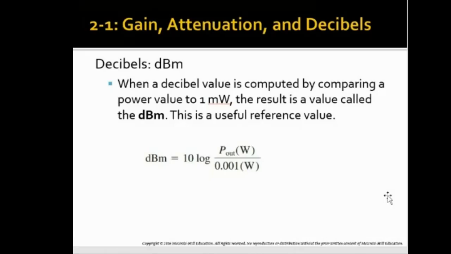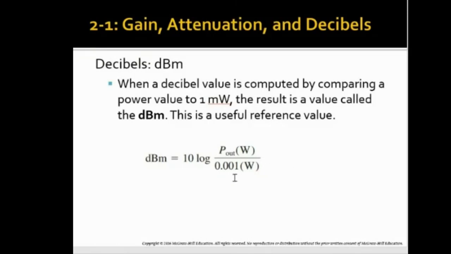For example, in optical fiber communication or optical systems, the powers are usually very small and are usually represented by dBm. The same goes for many sensors, electrical systems or circuits. When the power is too low, we show it by dBm.